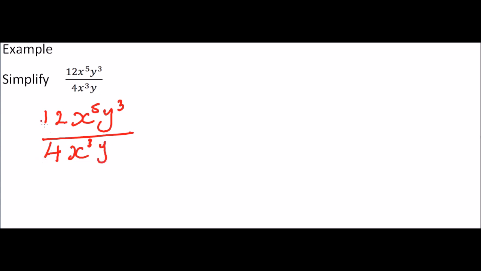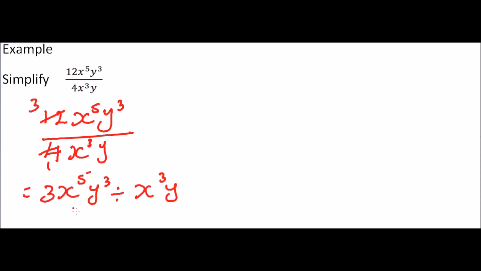First we can divide 12 by 4, you get 3. Then we can write this as 3 x to the power 5, y to the power 3, divided by x to the power 3, y to the power 1.